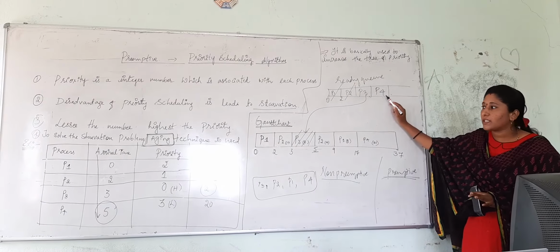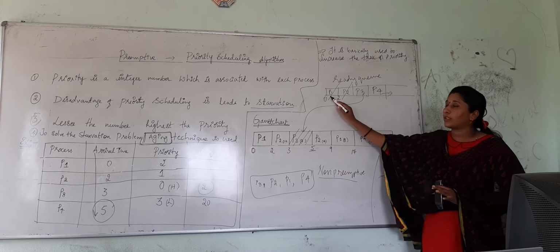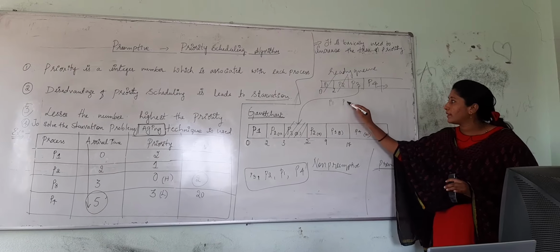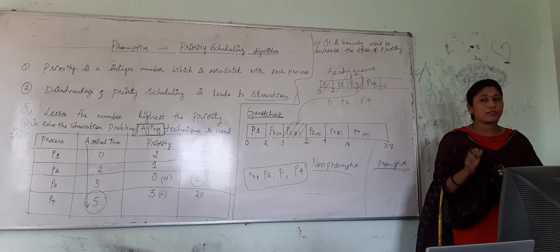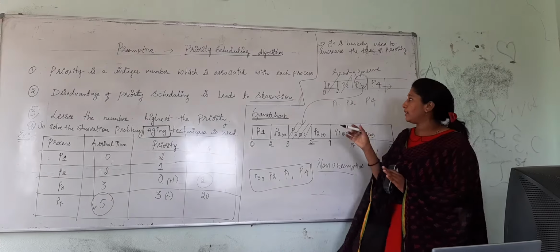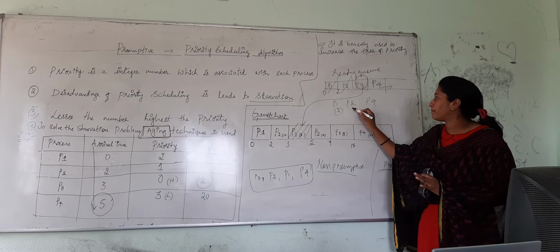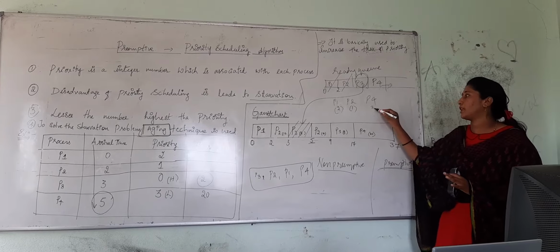Third position. It means it is having a later priority compared to that of P1 and P2. Now you can easily guess, P1, P2 and P4. Though P3 has completed its task, so you should not consider that. P1 is having priority 2, P2 is having priority 1 and P4 is having priority 3.